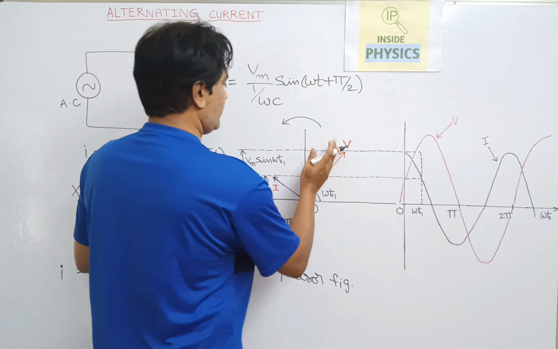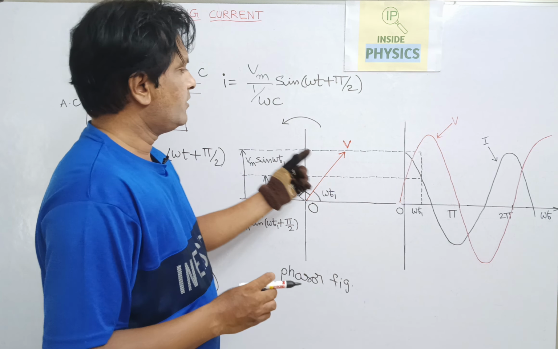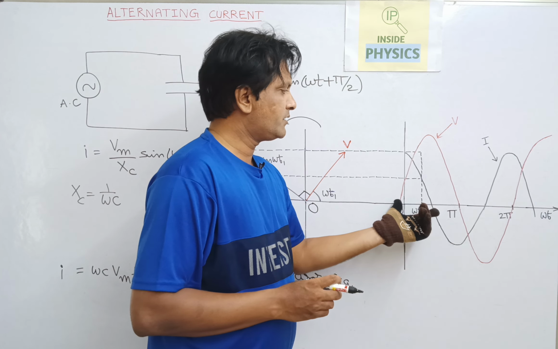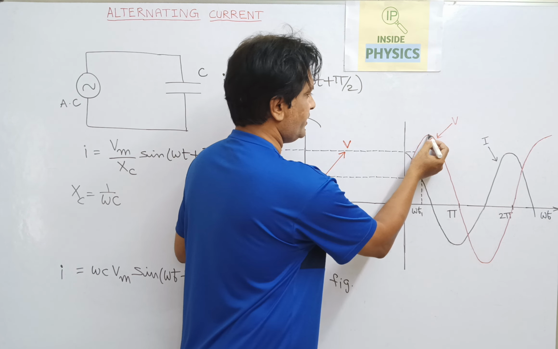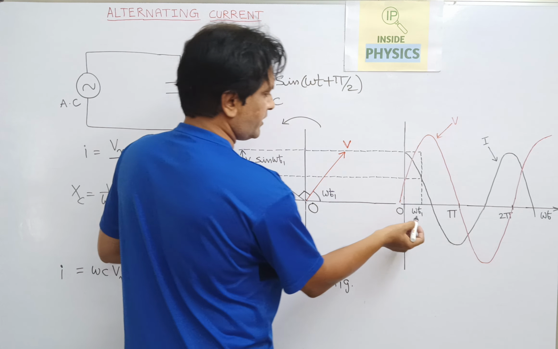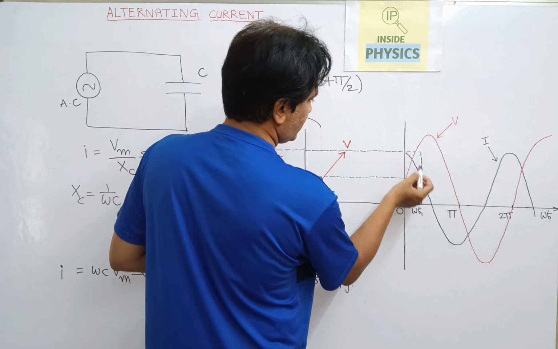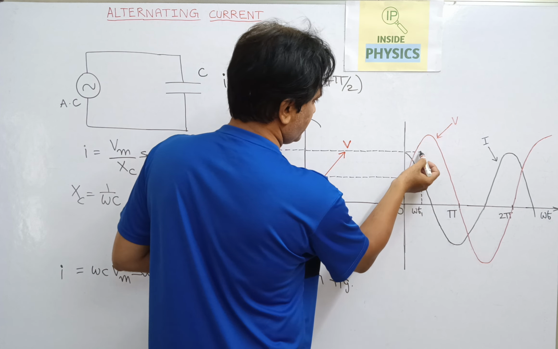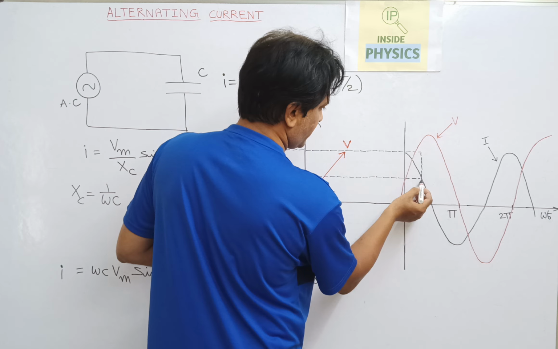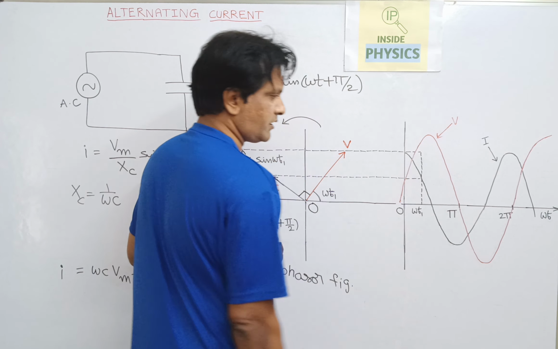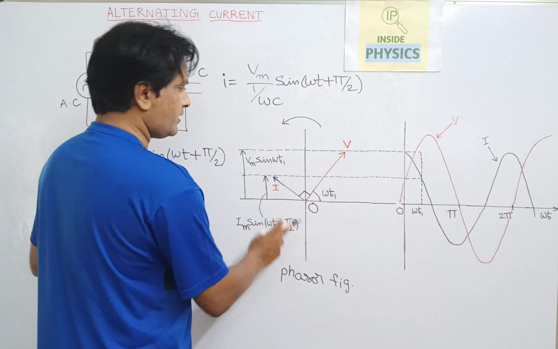When these phasors rotate in the anti-clockwise direction, we can have a graphical picture like this. This is the maximum voltage Vm, and at a particular instant omega t1 the voltage is here, and at this instant the current value is given by Im sin(omega t1 plus pi by 2).